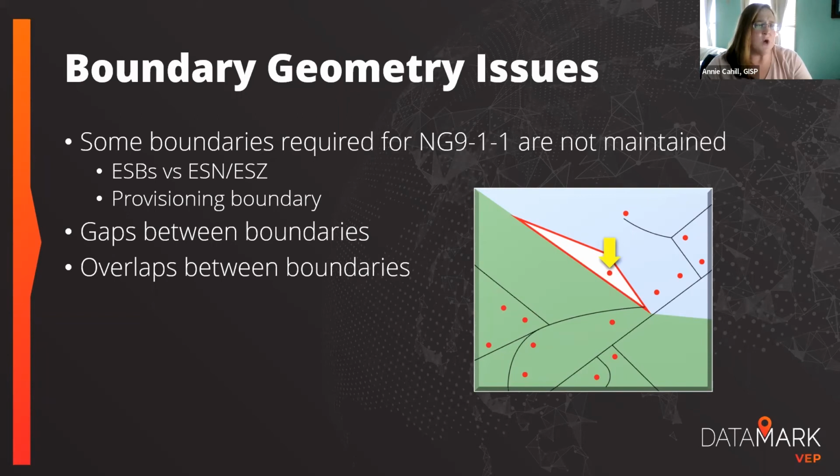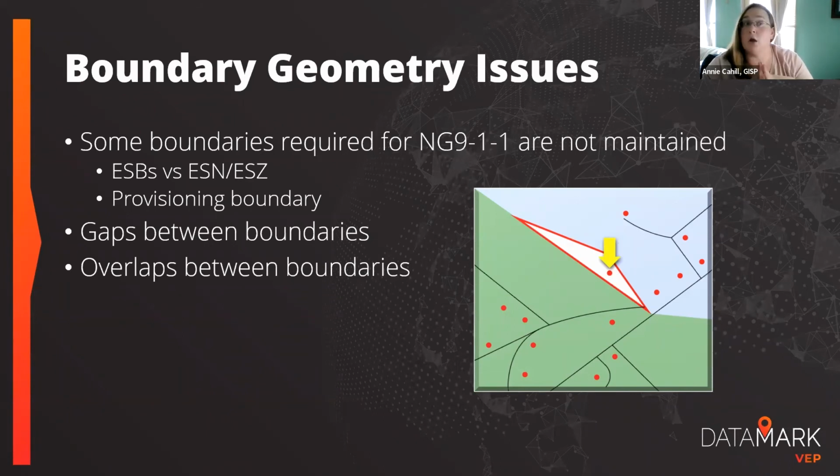I'm going to ask another question. Have you guys started developing your boundaries for NG9-1-1? Have you started? And then remember, these are your PSAP boundary, your discrepancy boundary, which is not really our provisioning boundary, I should say. It's not really a call routing boundary, but it is part of that cluster. And then your service boundaries for fire, police, and EMS.